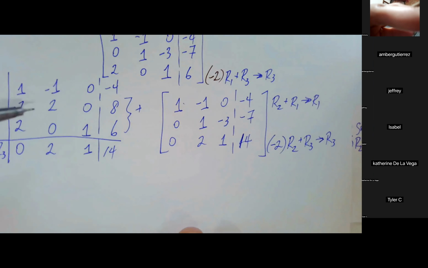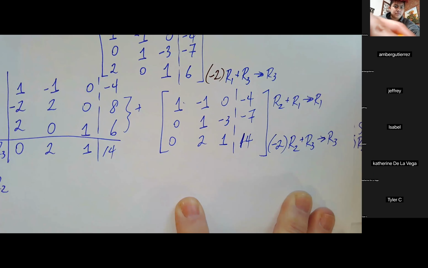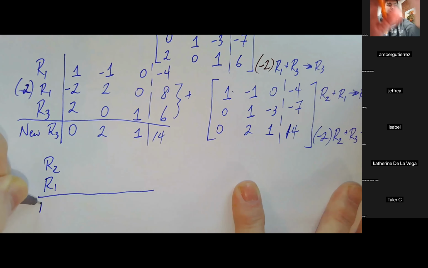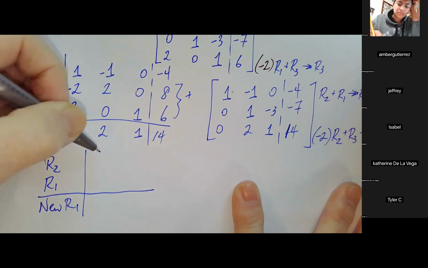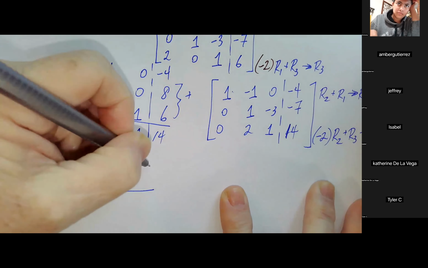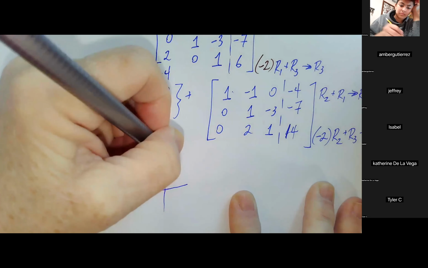All right, so now we've got row 2, new row 2 is 0, 1, -3, -7.